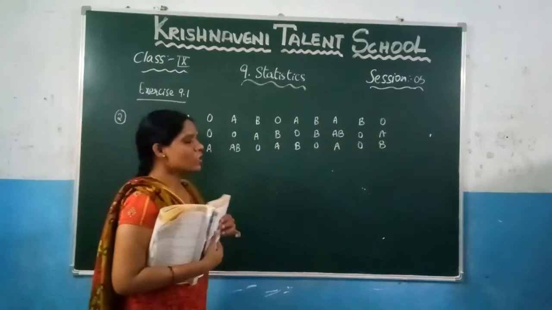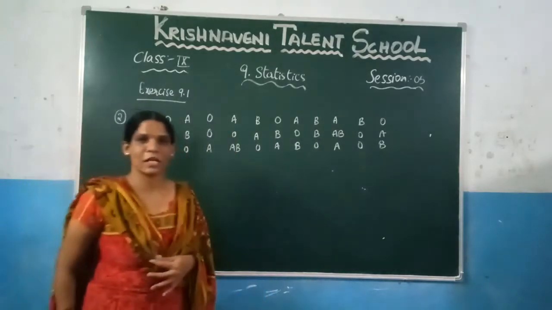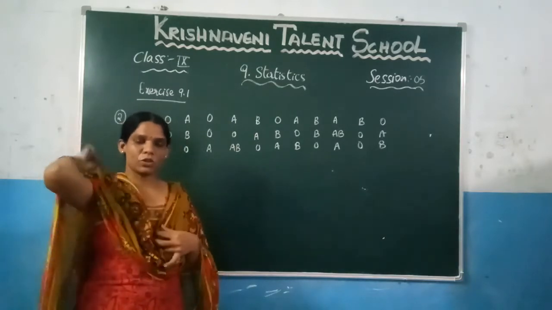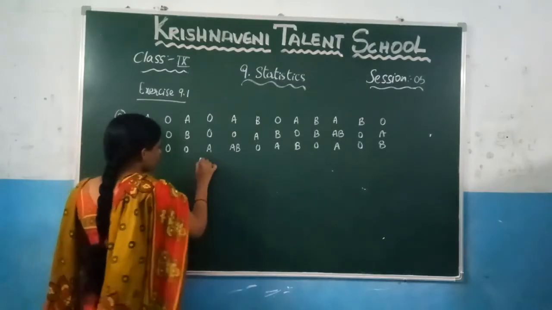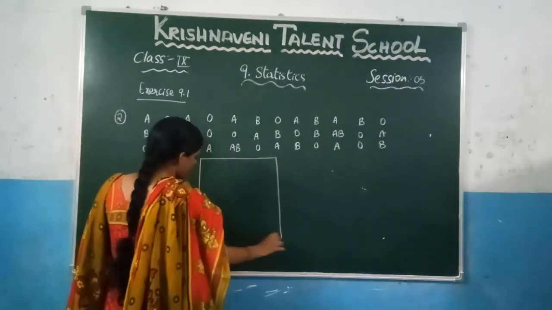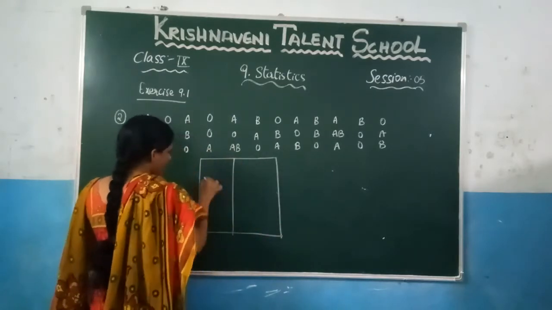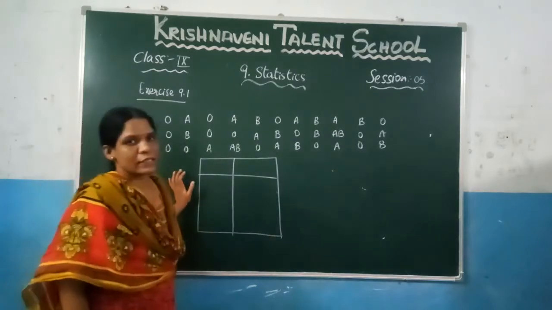Now you need to write this in tabular form. So let us see how to write this in tabular form. Again, you need to draw a table. So let us draw one table. What is the data they have given?